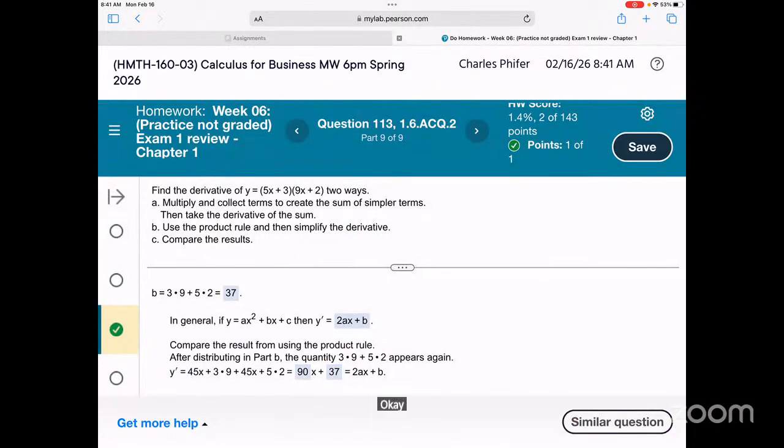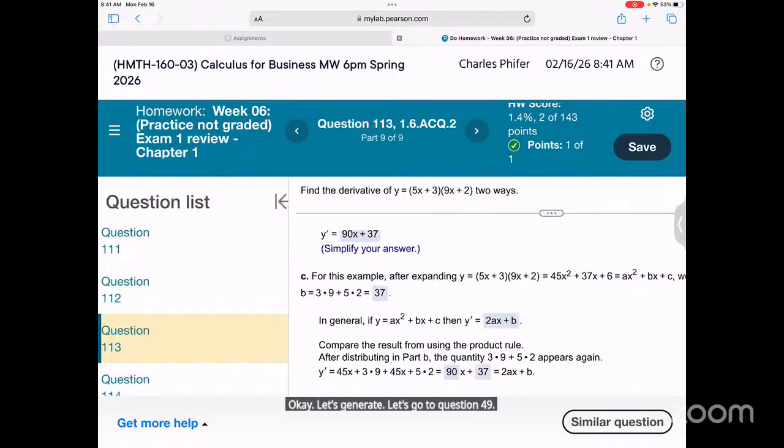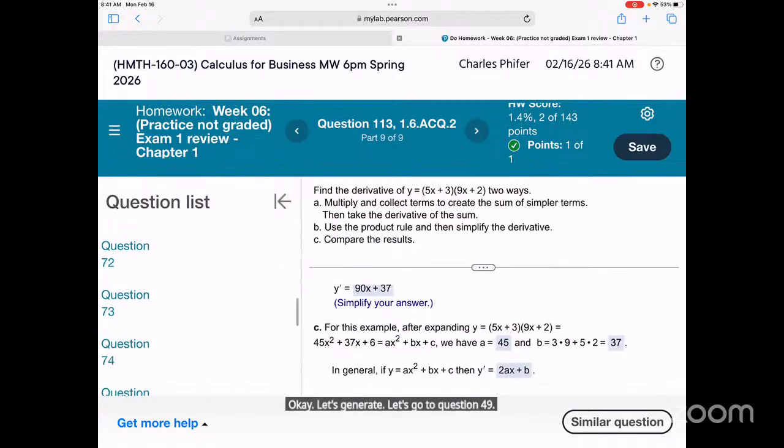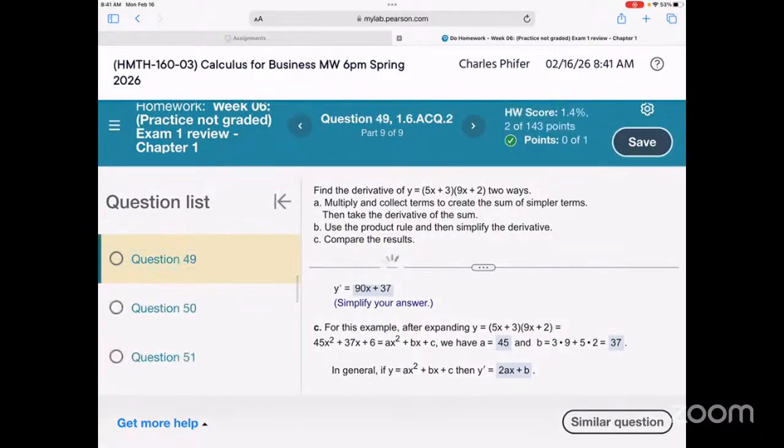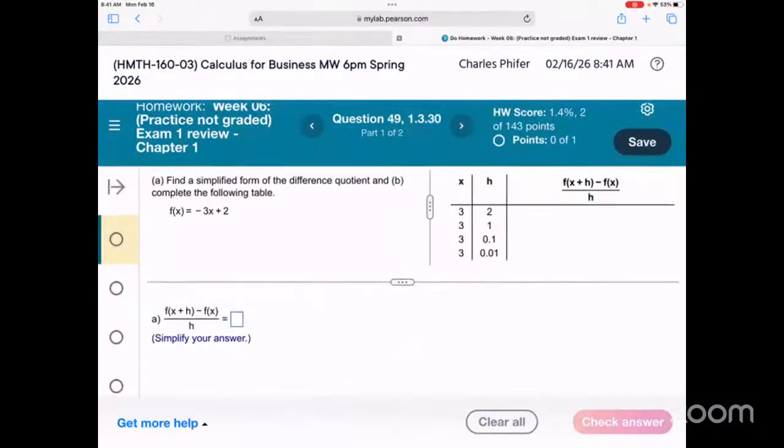Okay, let's generate. Let's go to question 49. This question comes from section 1.3, question 30. Find the simplified form of the difference quotient and complete the following table.